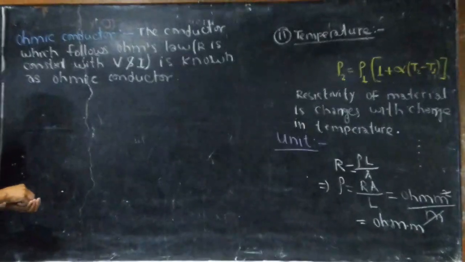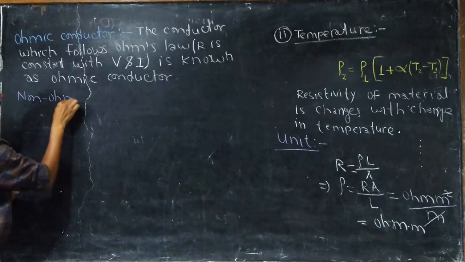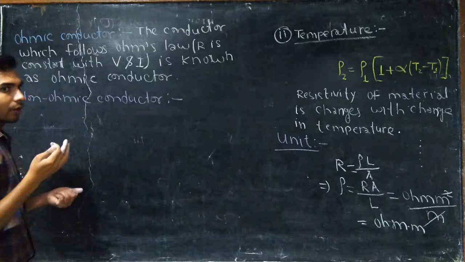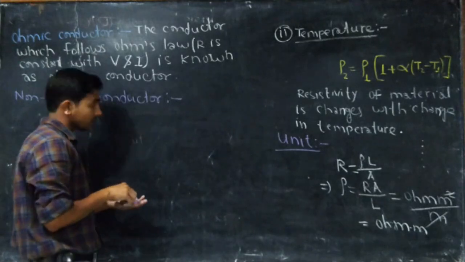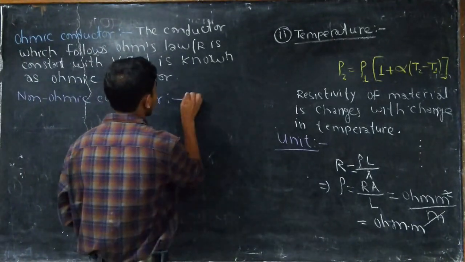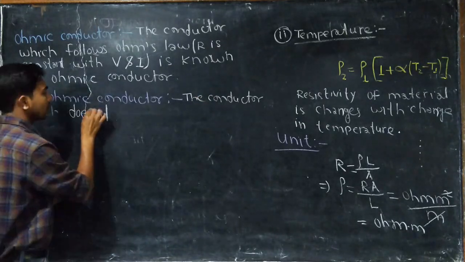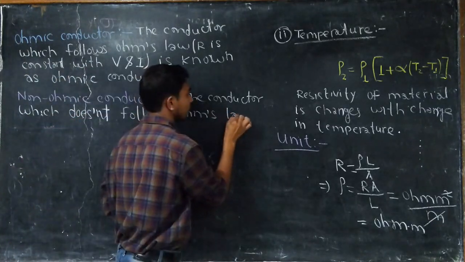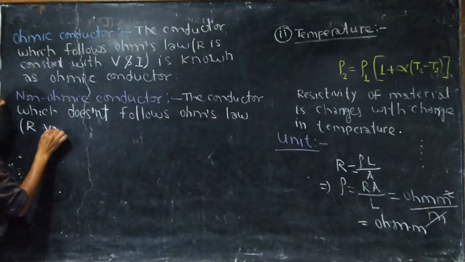Similarly, a non-ohmic conductor is a conductor which does not follow Ohm's law, that means R is variable.